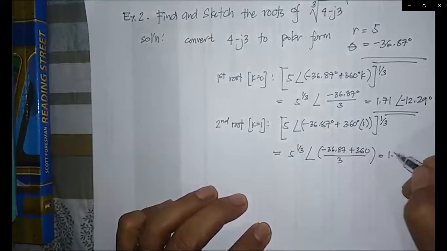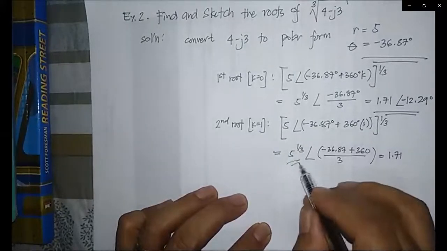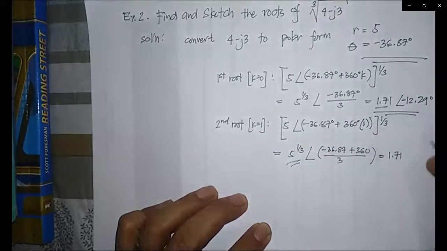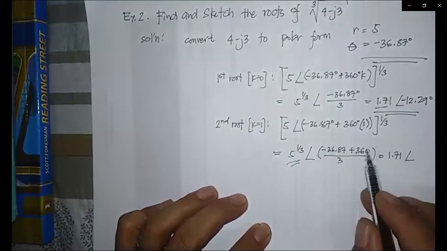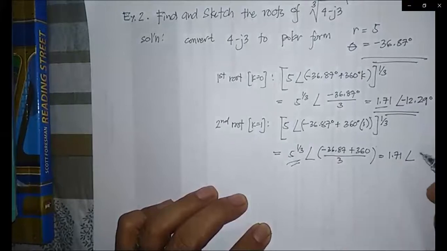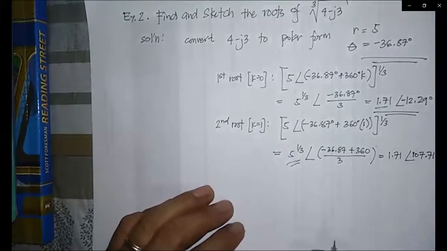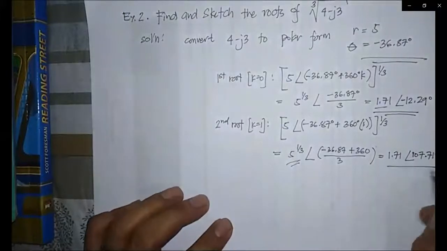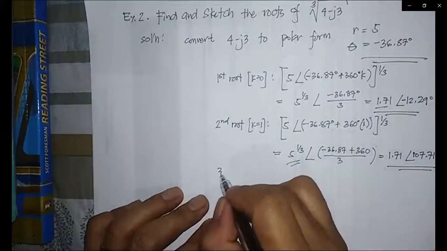Therefore, your second root is equal to 1.71, the same magnitude as above, angle of, take out your calculator and compute negative 36.87 plus 360 degrees all over 3. That becomes 107.71 degrees.